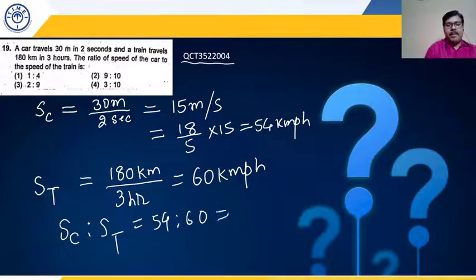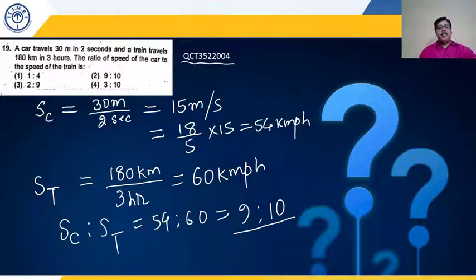This is equivalent to 9 is to 10. Can I say 9 is to 10 is your answer? Good. So you can see we can use the conversion of kilometer per hour to meter per second and meter per second to kilometer per hour.